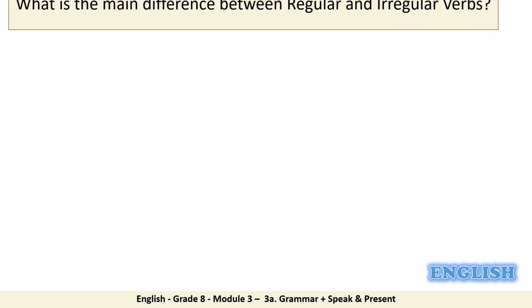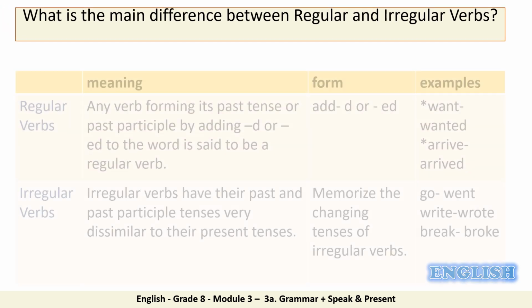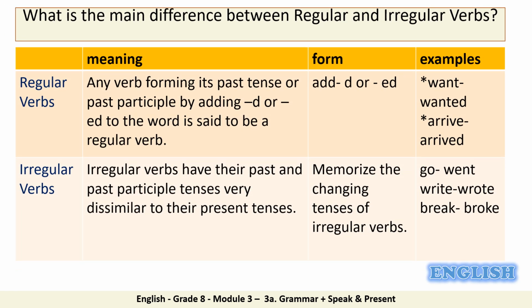Now let's focus on the main difference between regular and irregular verbs. As you know guys, a regular verb is any verb forming its past tense or past participle by adding d or ed to the word, and it's said to be a regular verb. Like if I say want, wanted, arrive, arrived.